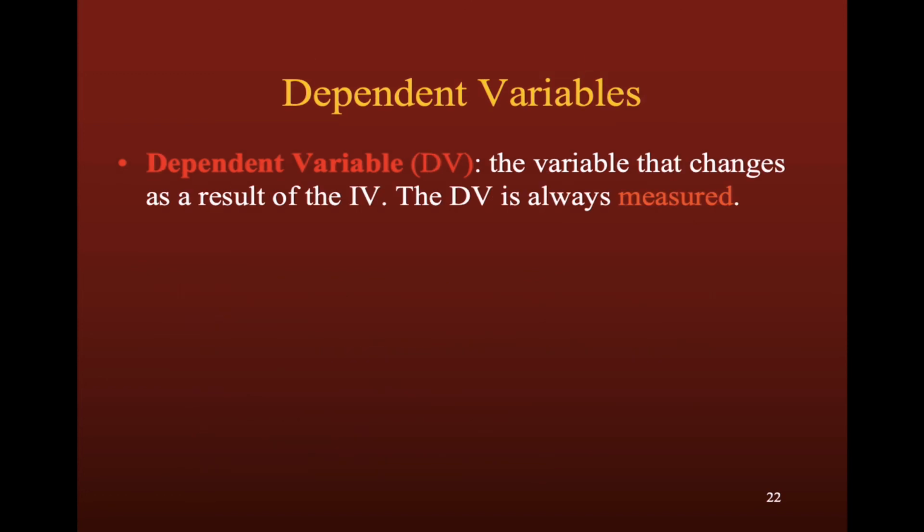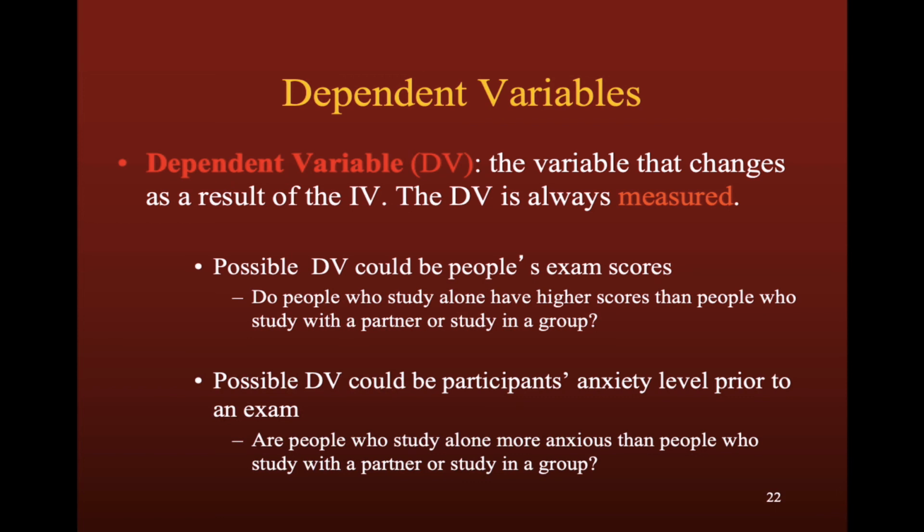The dependent variable is what you think is being impacted by the independent variable. And while the independent variable is manipulated, the dependent variable is always measured. Okay, so you're measuring the dependent variable to see if it's been impacted by the independent variable. So, for example, with the studying, who you're studying with, some possible dependent variables could be scores on an exam, right?